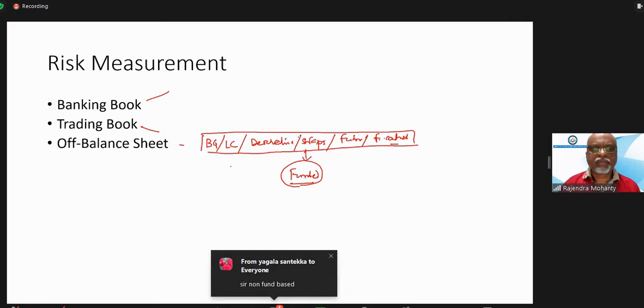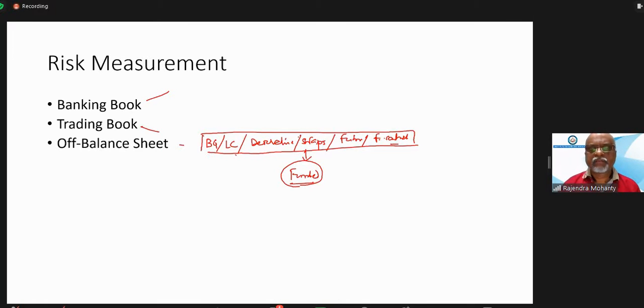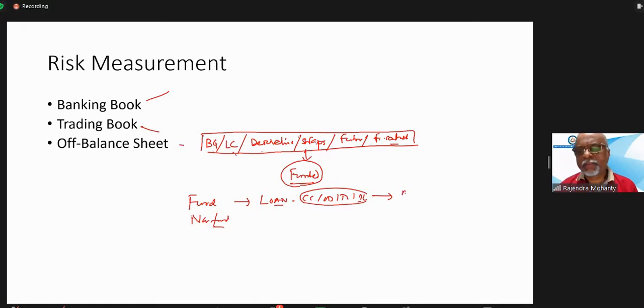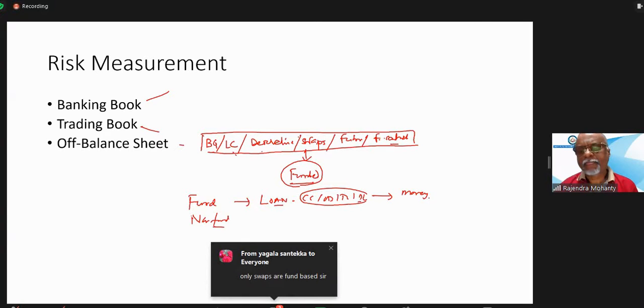So these are non-fund based. Bank guarantee, LC, derivatives, they are non-fund based. Non-fund based means what? Fund based means when you are giving a loan, CC, OD, term loan, demand loan, bill purchase, whatever you are doing, means you are giving money to the party.